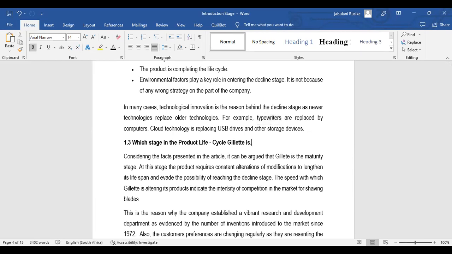Now, considering the facts presented in the question paper, let me, just to avoid confusion, go back to the question paper. Forgive me for that, so that we do it properly.